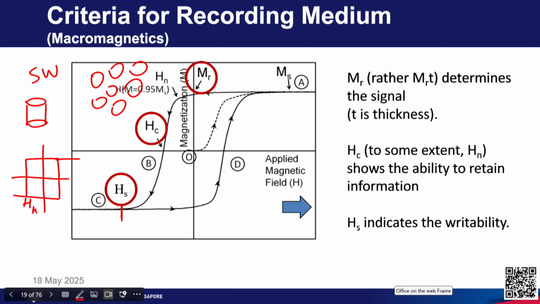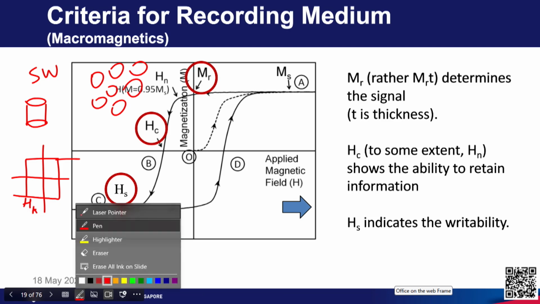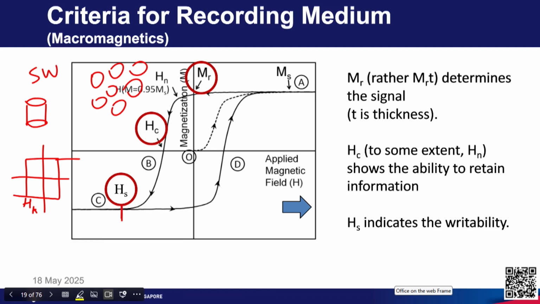However, when you have many particles, the hysteresis loop will be a bit different, because each particle will have some internal field coming from the neighboring particles and so on. So, because of the interaction, your hysteresis loop will be something like this. Some particles, I mean half of the particles, may switch at values lower than the Hk, but around Hk you can ensure that all the particles have reversed.